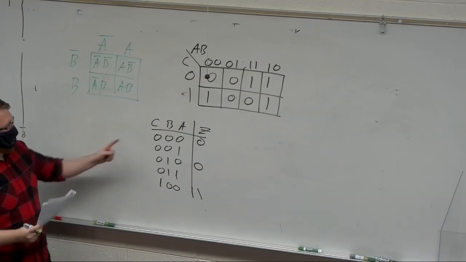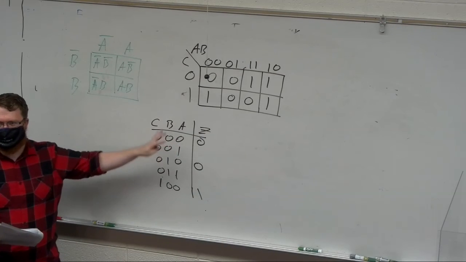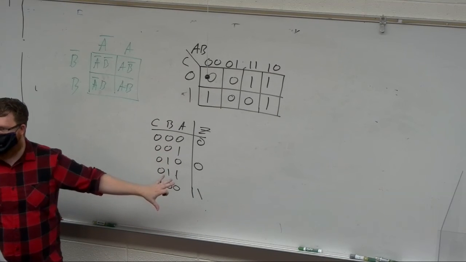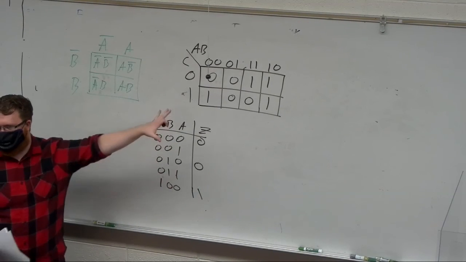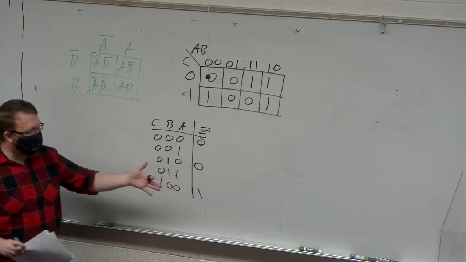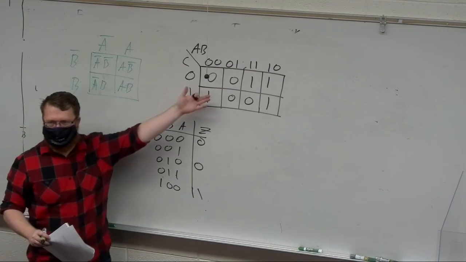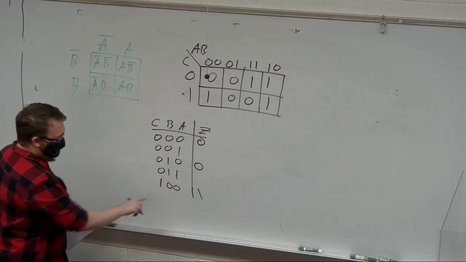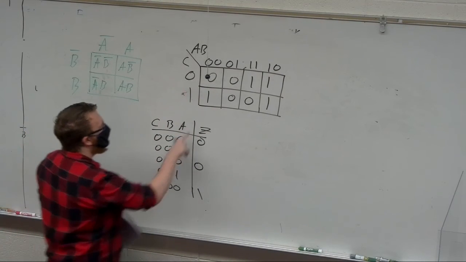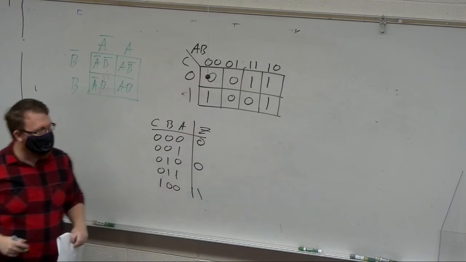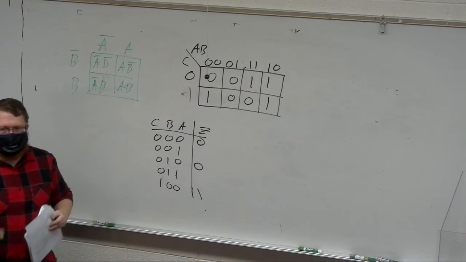Turns out I probably should have written ABC the other way because of the way I drew the map. But do you guys see how you can fill in this whole truth table just using the K-map? And similarly, you can use the truth table to fill in the K-map. So if you only had a truth table, I could go 1, 0, 0. C is 1, and A and B are 0, is that one. It's a 1. Okay, so now I have a K-map.